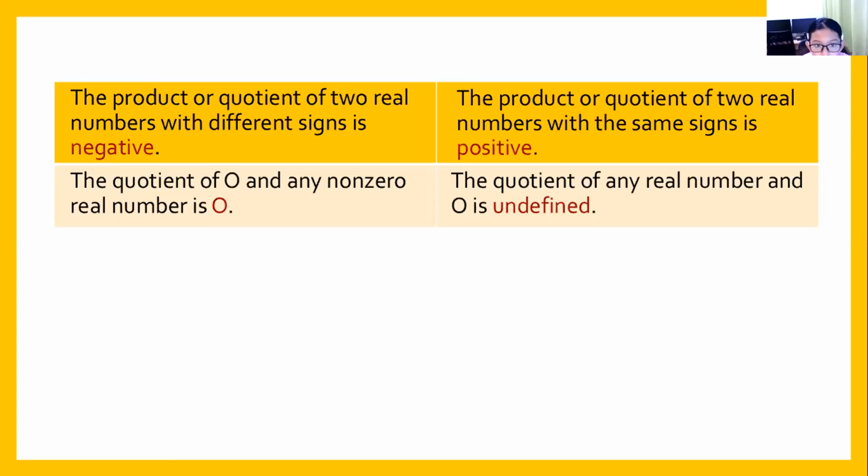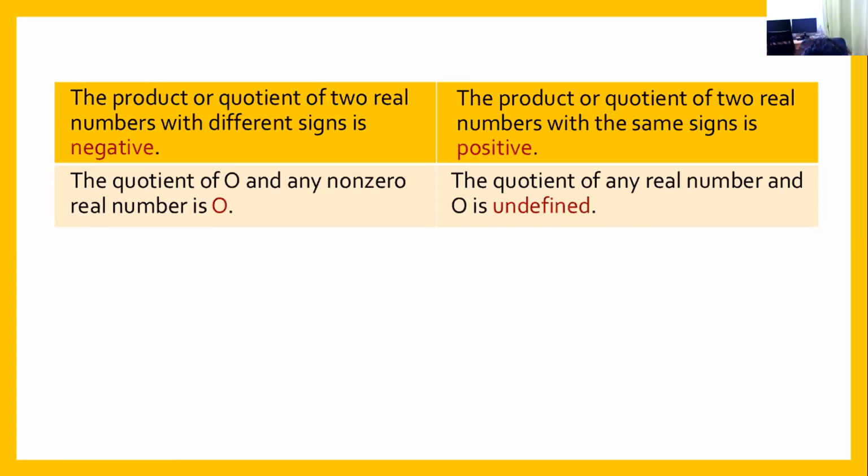The quotient of any real number and 0 is undefined. Okay, so it's not 0, but it's undefined.